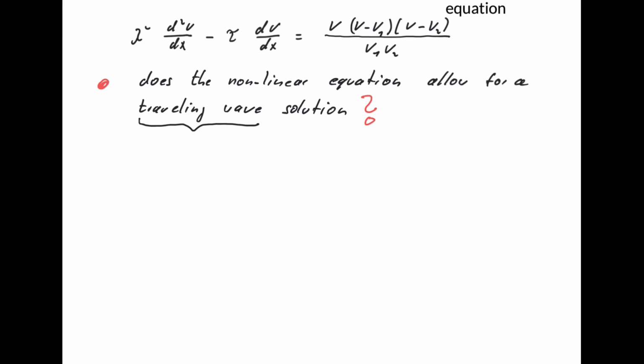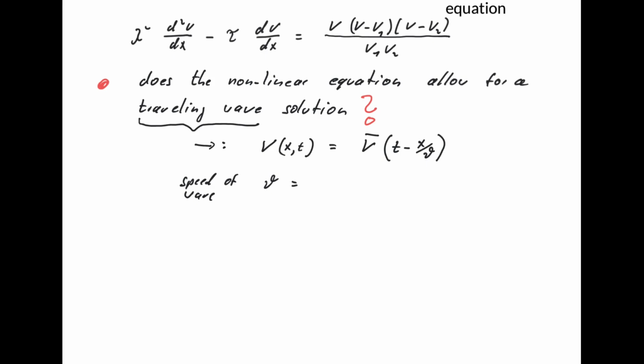A traveling wave solution would be a solution where the voltage at position x and t can be described by a reduced voltage or an average voltage, which does not depend explicitly on x and t, but on a traveling wave variable, which looks like t minus x divided by theta, where theta is the speed of the wave.